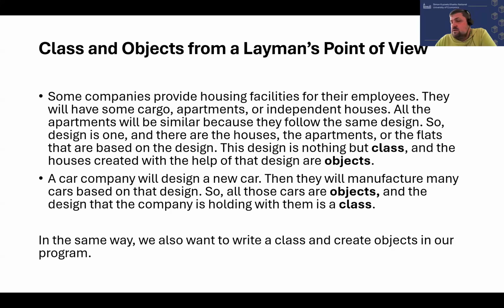And you can make many products based on only one design. A car company is the same, it doesn't matter. So in the same way, we also want to write a class and create an object in our program. So a class is like a design, and an object is like a real instance of this class.